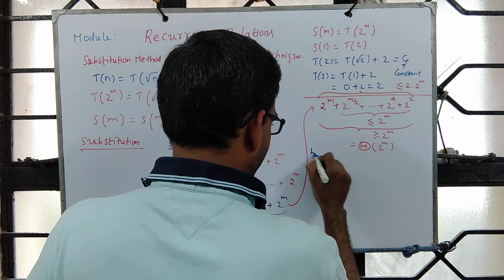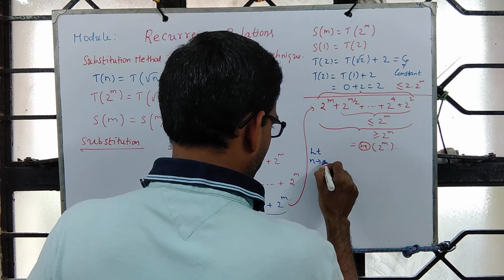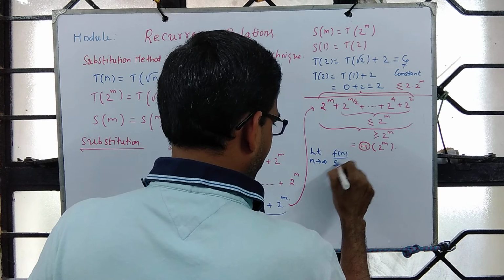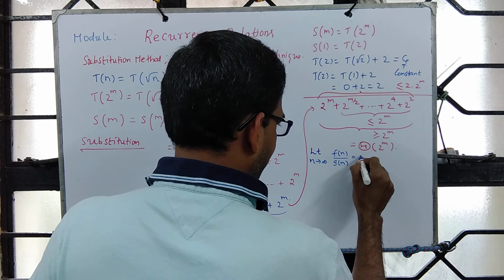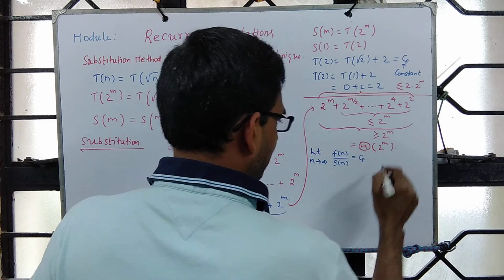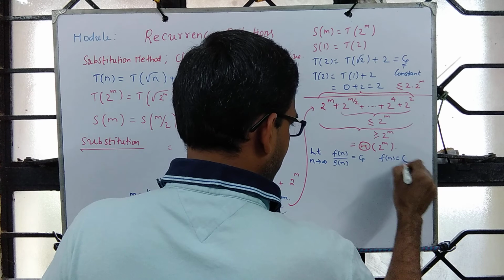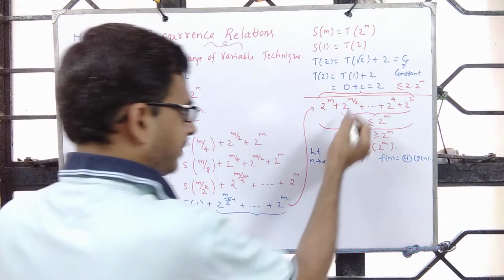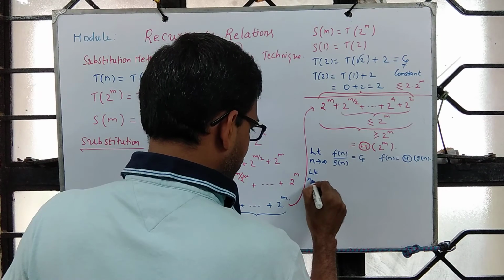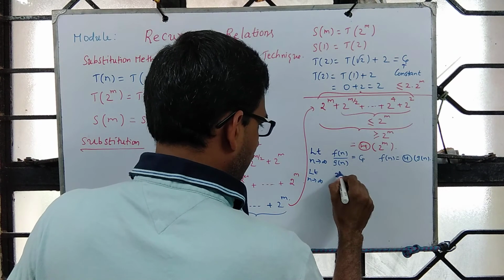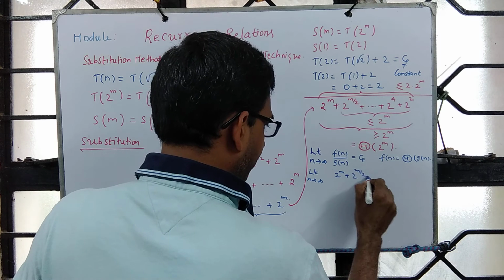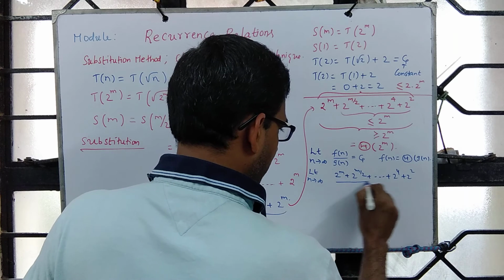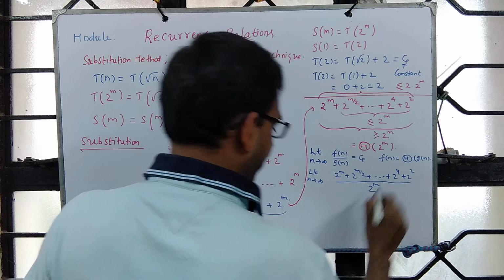We can also apply the other definition. The limit as n tends to infinity, we saw that f(n) by g(n), if it is some constant, then f(n) is theta of g(n). You can apply that here. So limit as n tends to infinity of 2^m plus 2^(m/2), and so on up to 2^4 plus 2^2, divided by 2^m.